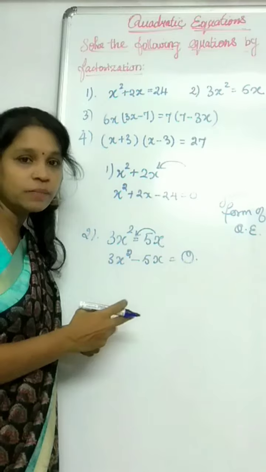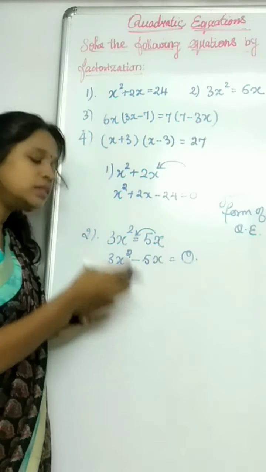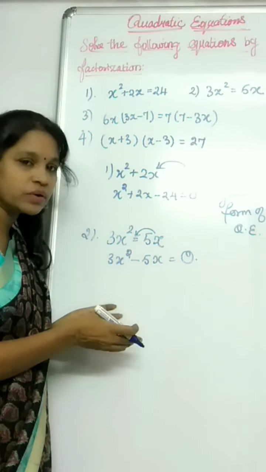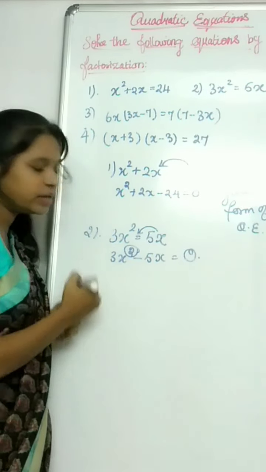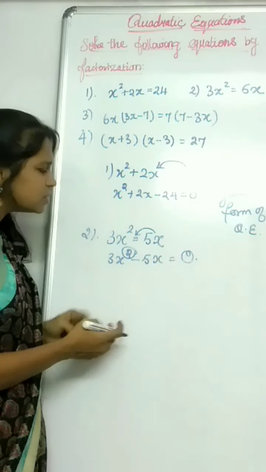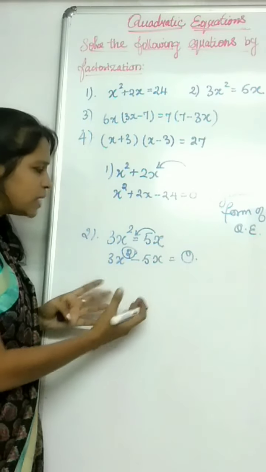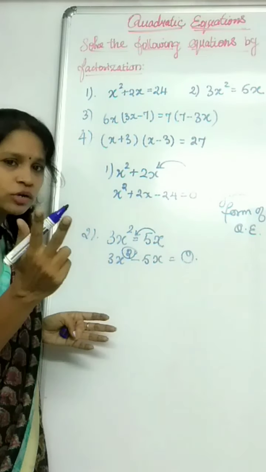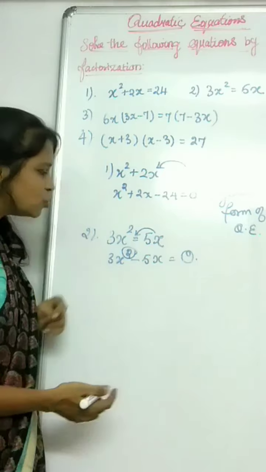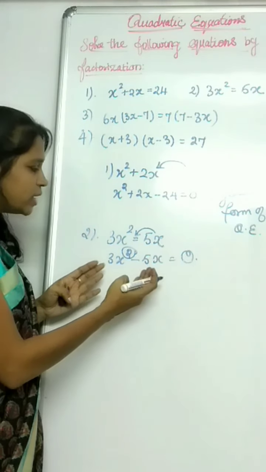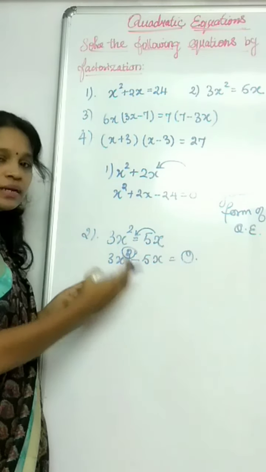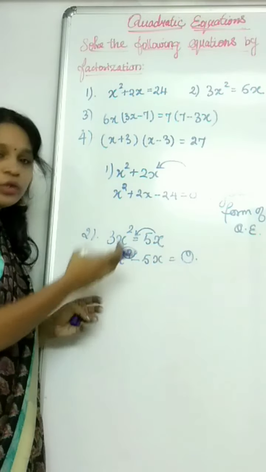There is no constant term in this equation. But this is also a quadratic equation, right? Because we have the higher degree 2. How to factorize this? No need to apply any identity or sum product rule, because to apply the sum product rule we should have three terms. We need a constant term also, but there is no constant term.